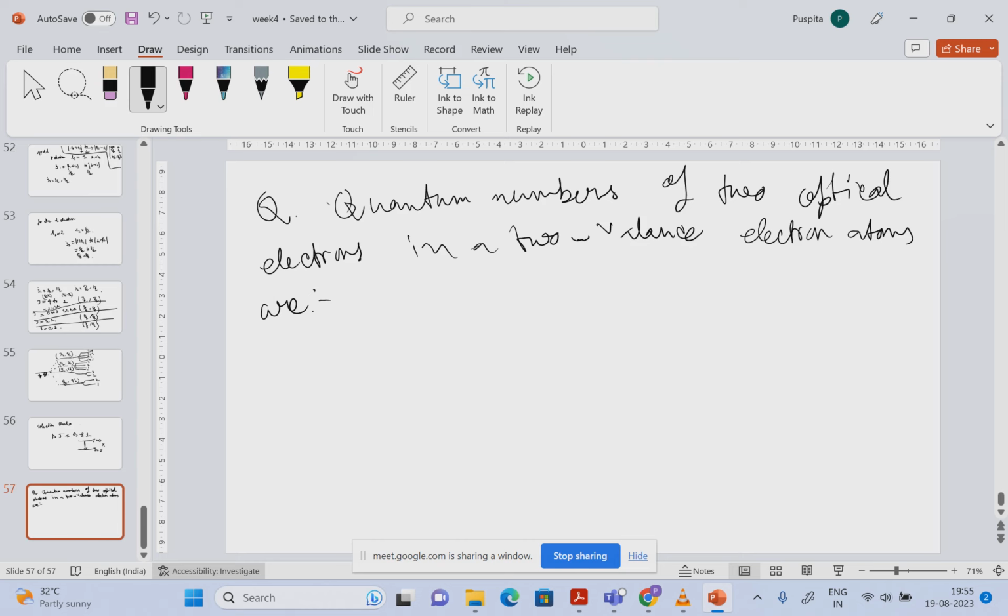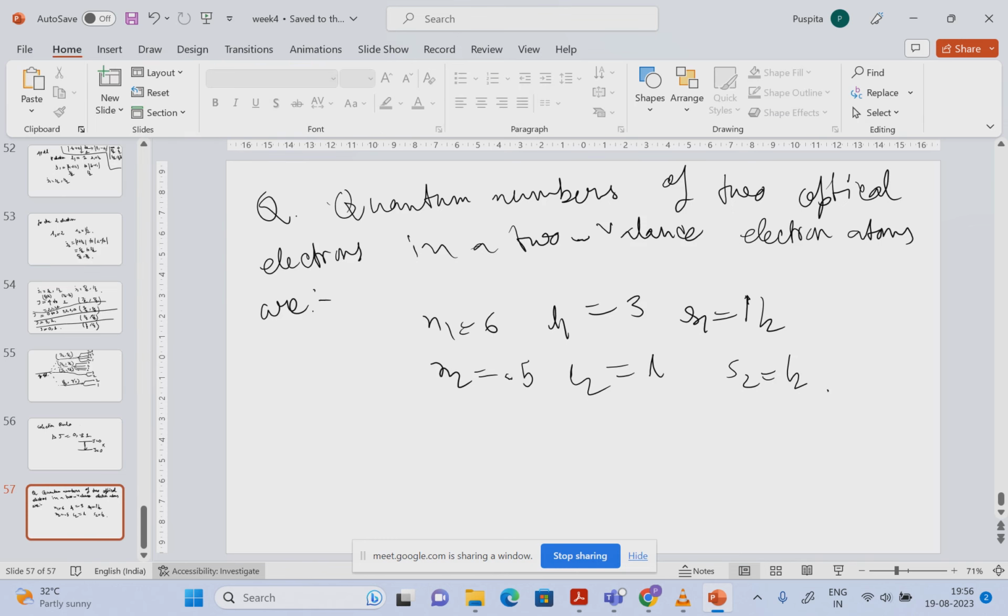So one step is less. You need not find l and s; they are given already. Instead of 2p, 4p, 6d, they have given l1 is 3, l2 is 1, and s1 equal to s2 equal to half. So we need to find the LS coupling terms.